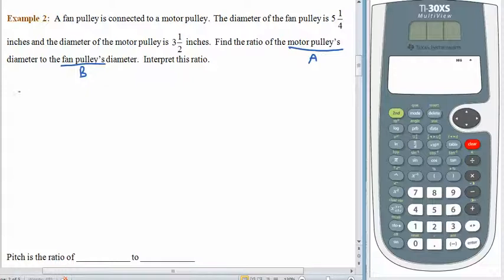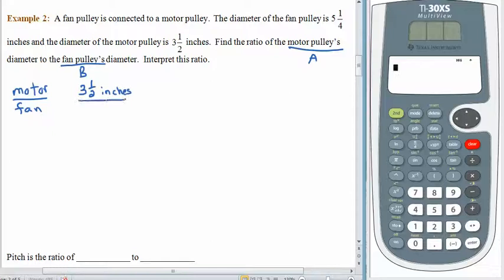All right, let's see. So we need the motor in the numerator, and we want to talk about the fan in the denominator. The diameter of the motor pulley is 3 1/2 inches.